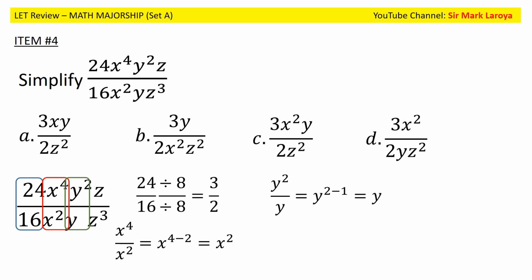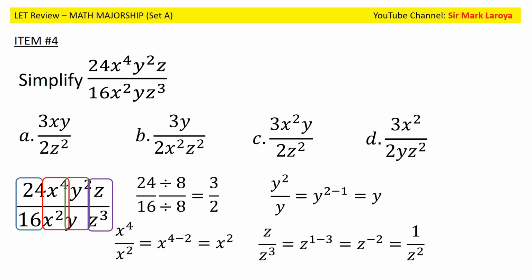And then, for our last variable, z over z cubed or raised to 3, that is now z raised to 1 kasi yun ang exponent ng ating variable sa numerator minus 3. So that will give us z raised to negative 2. Now, z raised to negative 2 is the same as its reciprocal pero magiging positive na yung ating exponent. So, it is now equal to 1 over z squared.